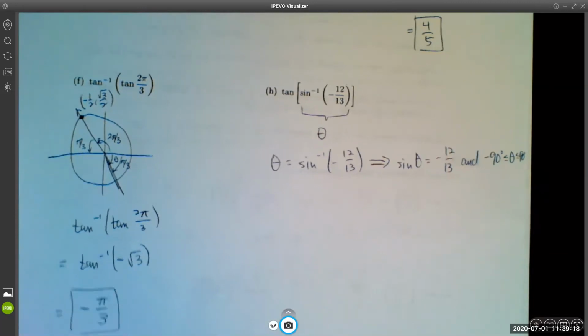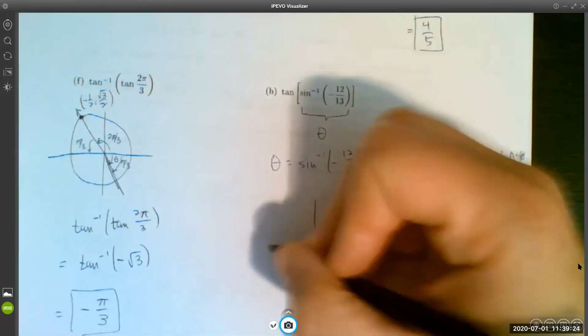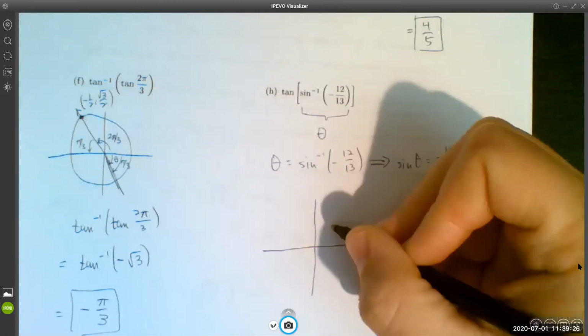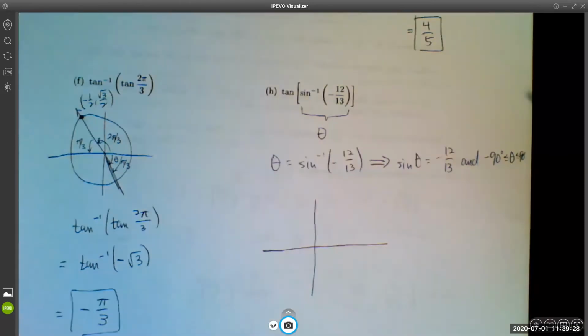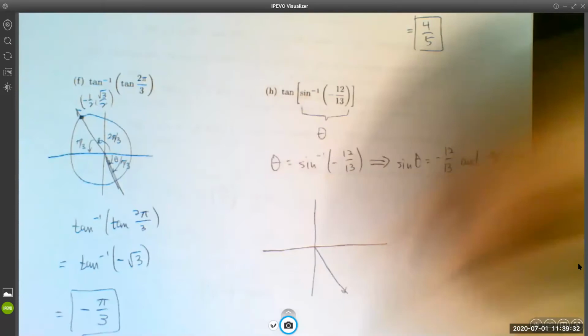Okay. So I know that theta is between negative 90 and 90, so that means theta is in quadrant 4 or quadrant 1. Since sine theta is negative, that means theta must be in quadrant 4.